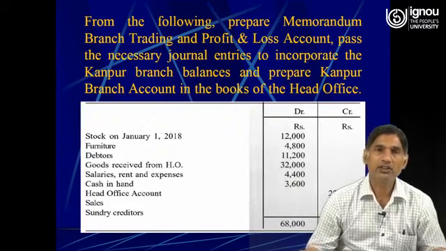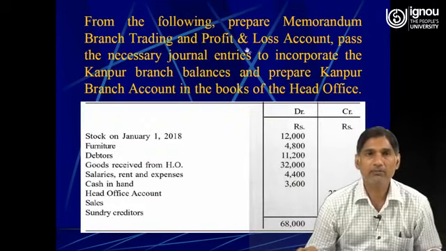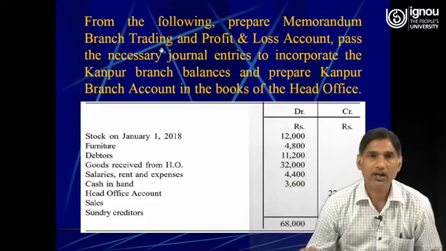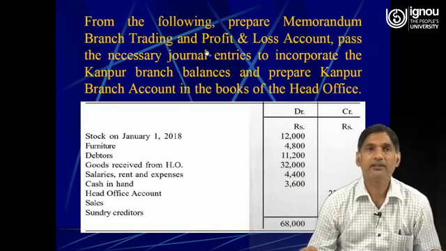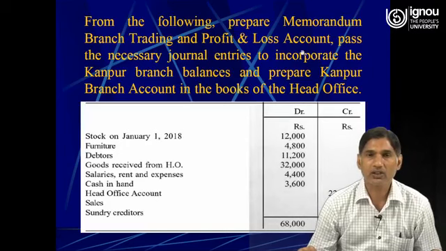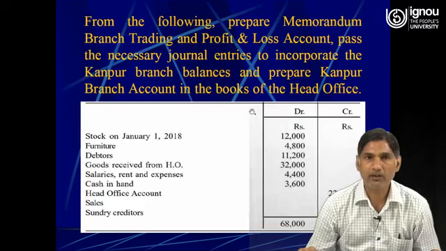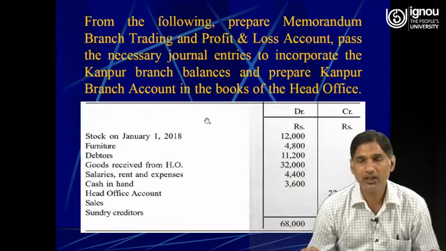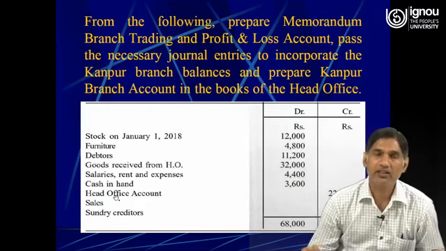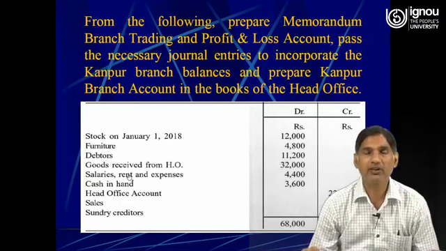From the following, prepare a memorandum branch trading and profit and loss account, pass the necessary journal entries to incorporate the Kanpur branch balances and prepare the Kanpur branch account in the books of the head office. Here the information has been provided.